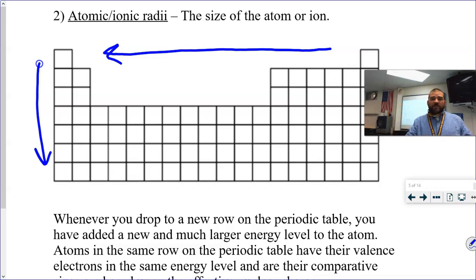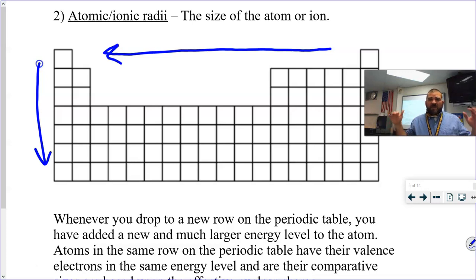Here's my sodium, we'll say it's this big. As I get to magnesium, I've added a proton, and it sucks it in, or the attractive force is a little bit stronger. Orbitals start kind of the same size, but that extra proton draws them in just a little bit more. I go to aluminum, extra proton, a little bit smaller. I go to silicon, a little bit smaller. Phosphorus, sulfur, chlorine, and then argon. So those extra protons draw in the outer electrons tighter and tighter across a row.